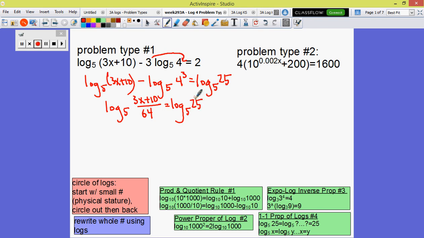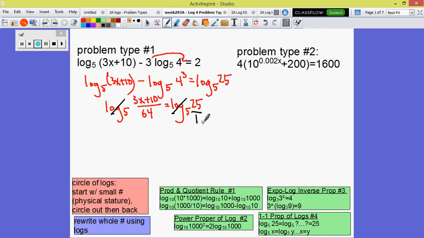At this stage we have 1 log on the left, 1 log on the right. Now what I can do is cancel out logs, because I have 1 on the left, 1 on the right of the equal sign, and now solve it as we would have done earlier this year.